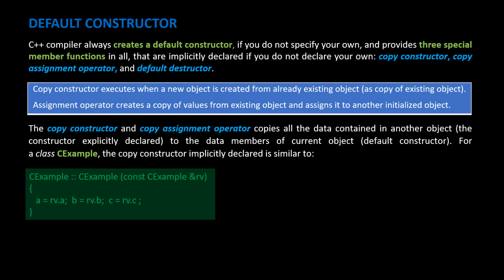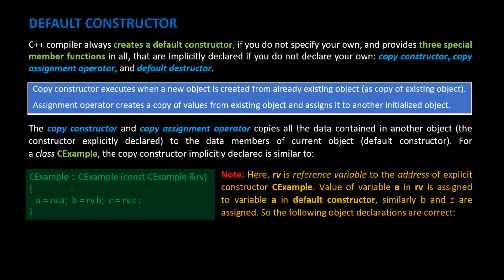Within the function we have 3 assignments: A equals RV.A, B equals RV.B, and C equals RV.C. Note that here, RV is a reference variable to the address of the explicit constructor CExample. The value of variable A in RV is assigned to variable A in the default constructor, and similarly B and C are assigned.